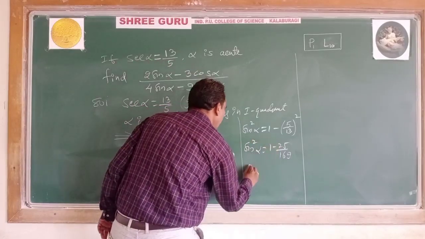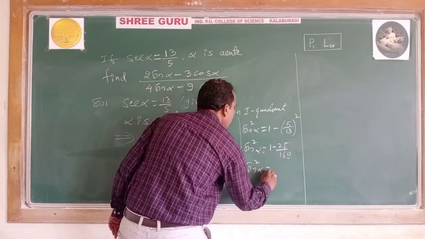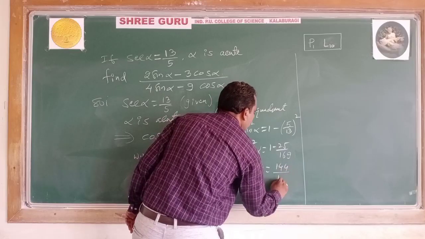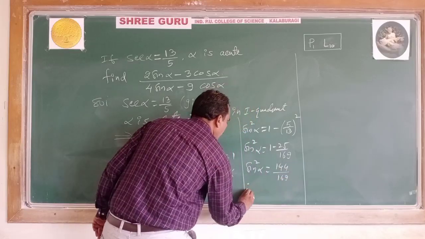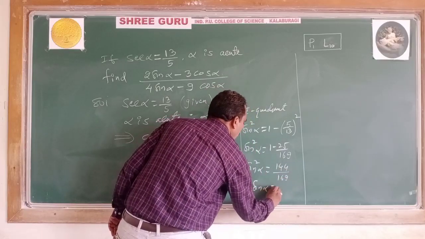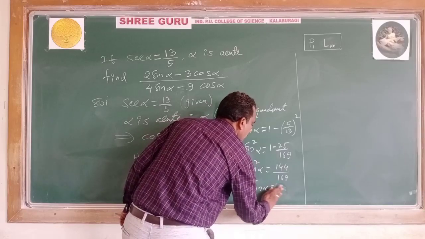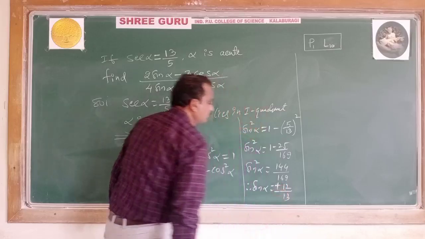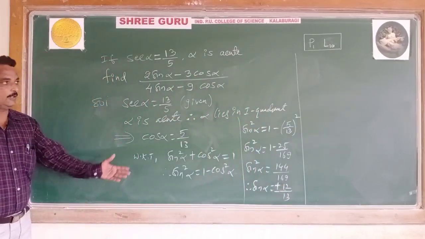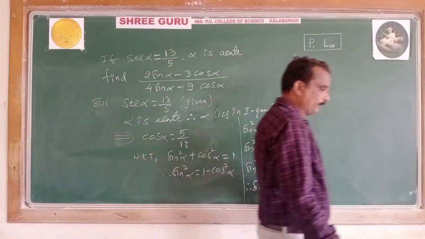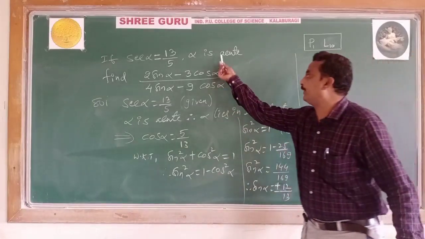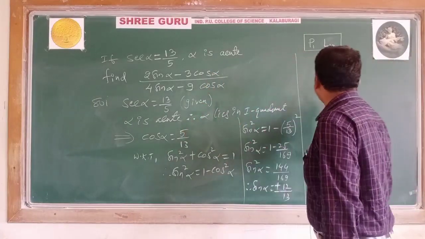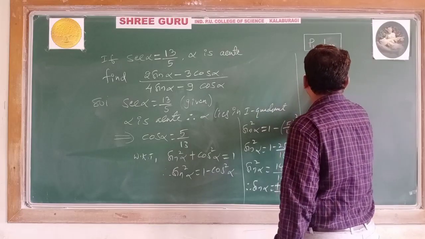169 minus 25 is 144, so 144 divided by 169. It is a perfect square of 12 by 13, so sin alpha is plus or minus 12 by 13. Alpha is an acute angle, so it lies in the first quadrant where all are positive.